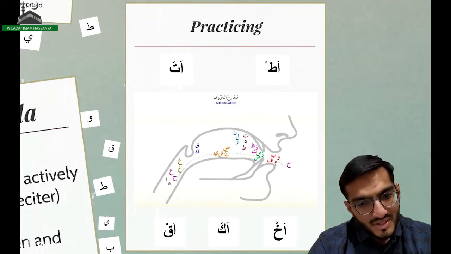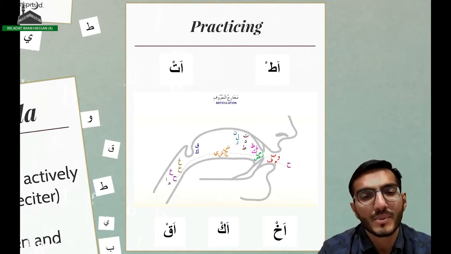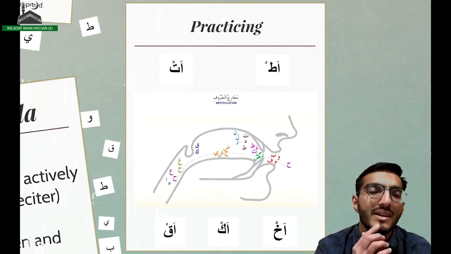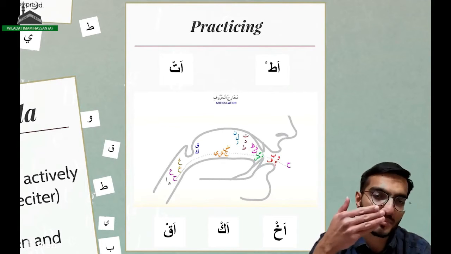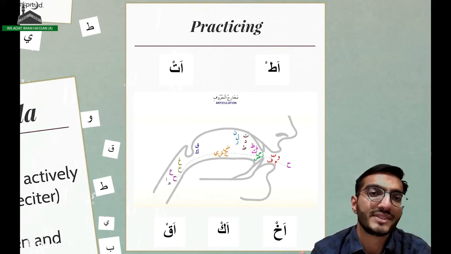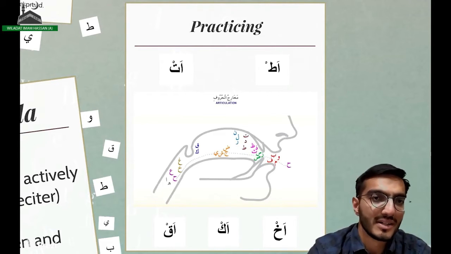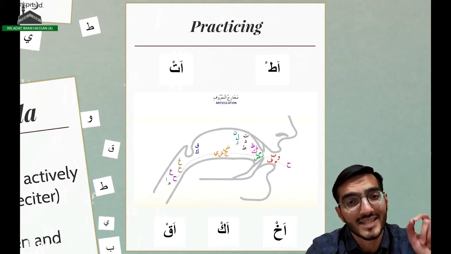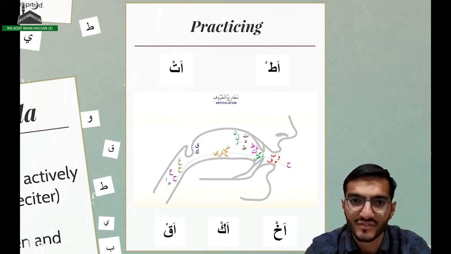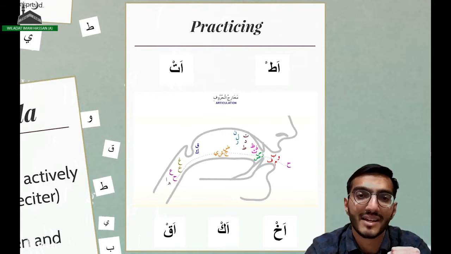Now, as you remember, ta and ta, we said they were being pronounced by touching your tongue to the back part of your top teeth. It's not the same as the T of English. That's very different to how you pronounce the ta in Arabic.